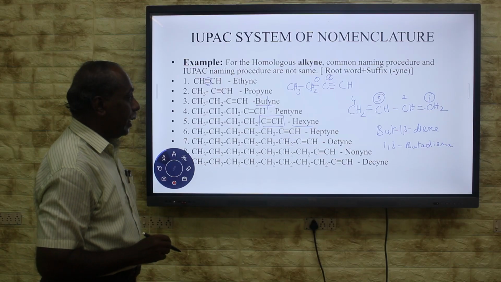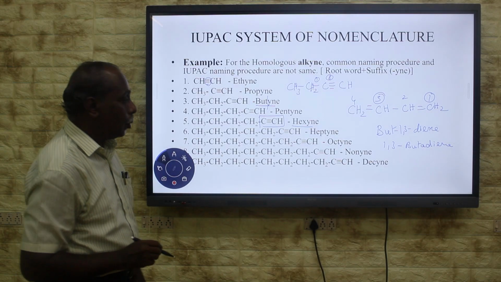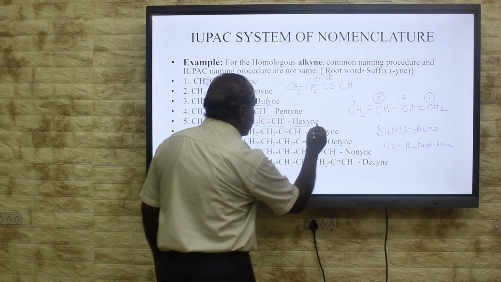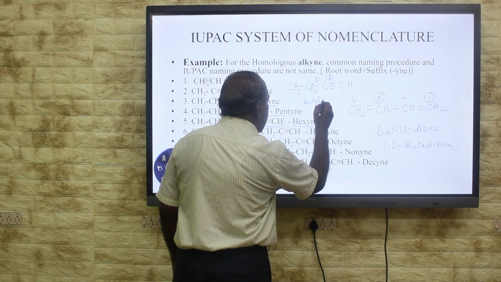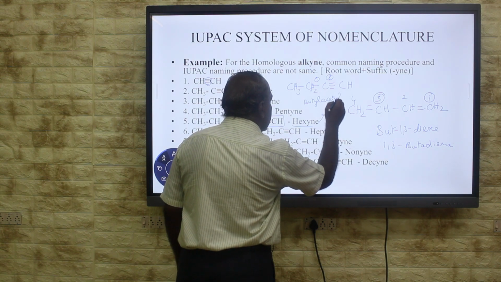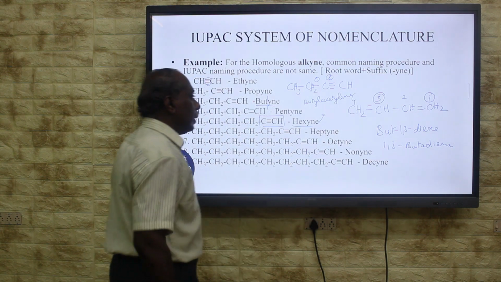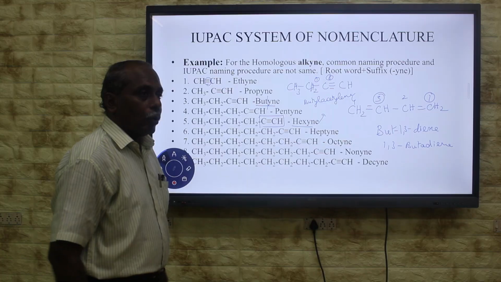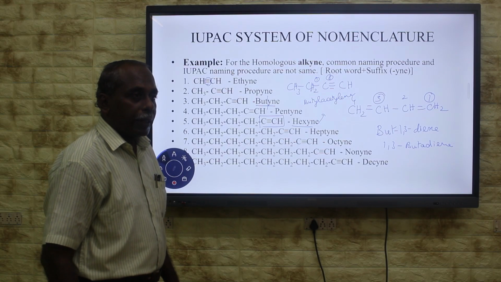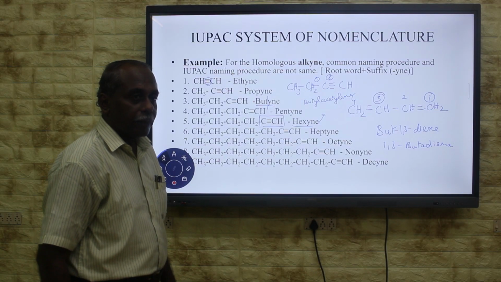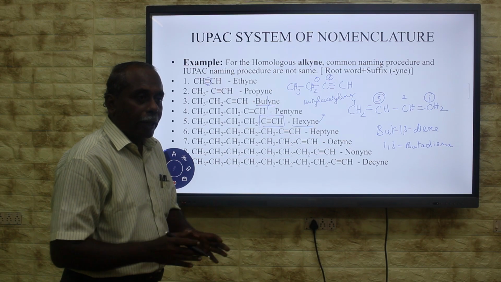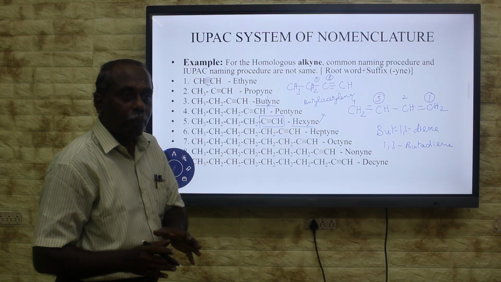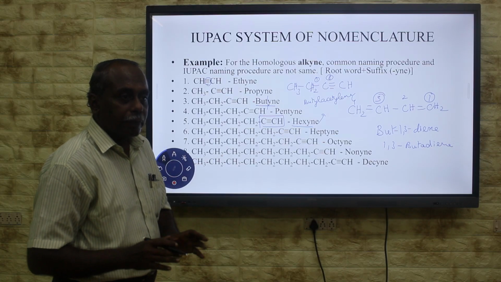A 4 carbon alkyl group is butyl. The name of this compound is butyl acetylene. It may also be given in your exercise. Therefore, when you learn anything, you should apply those things and arrive at the answer for particular questions.